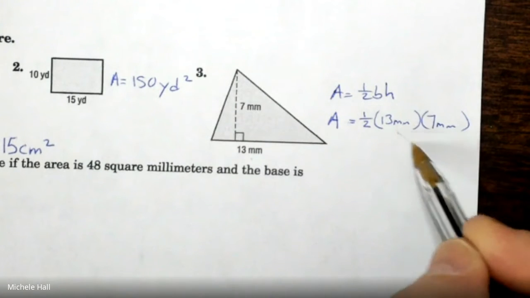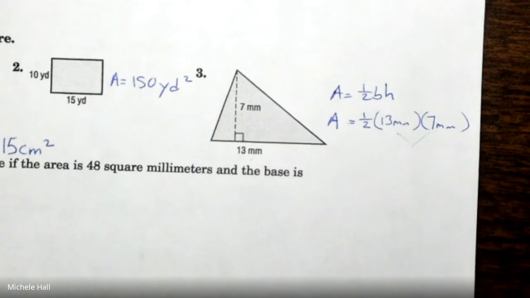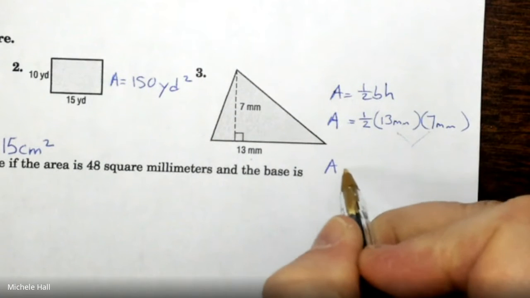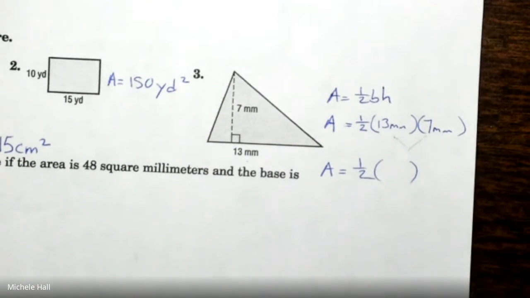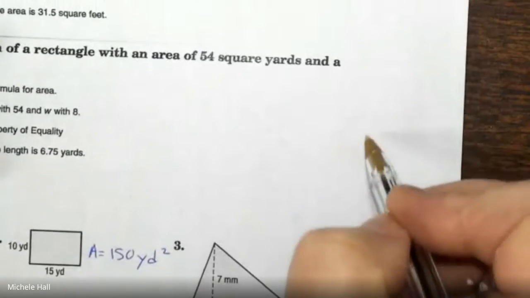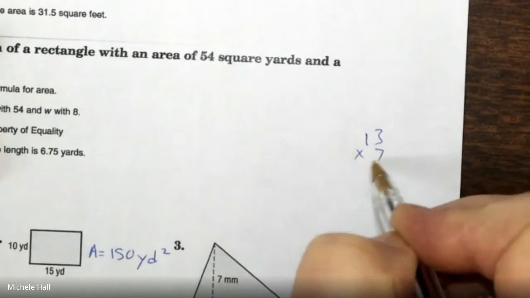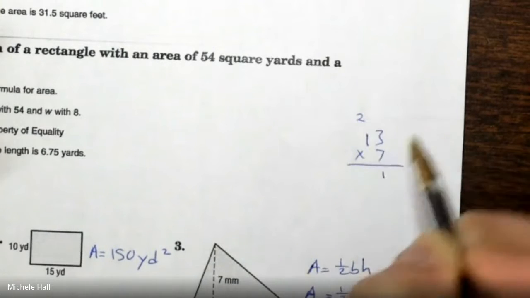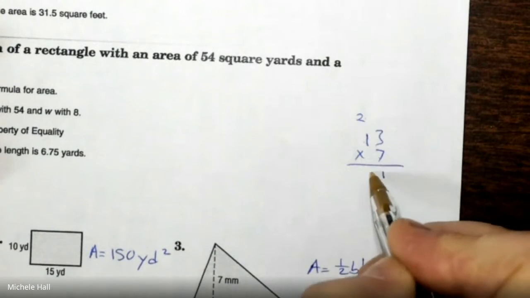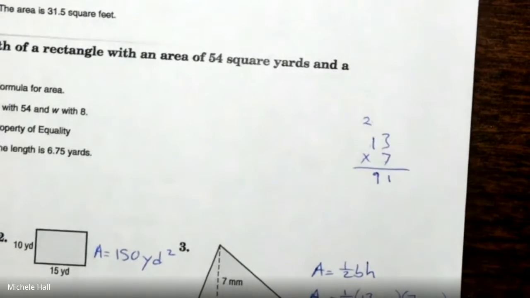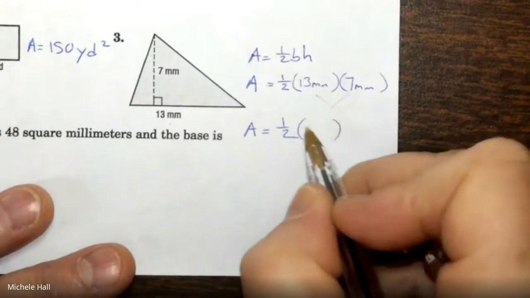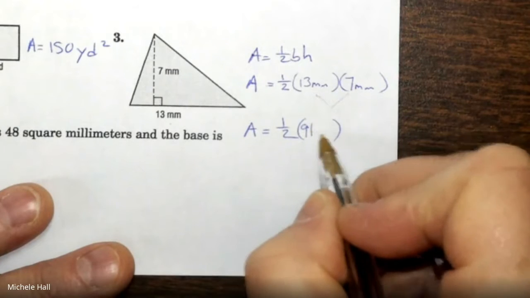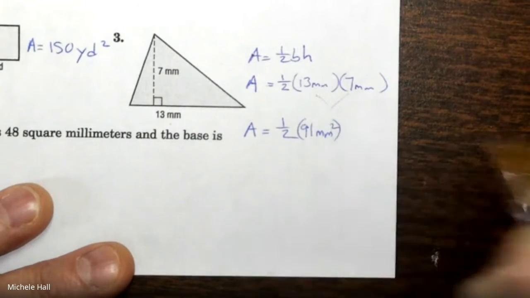I would start by multiplying 13 times 7. Go off to the side and multiply down. So 13 millimeters times 7 millimeters is 91 millimeters squared.